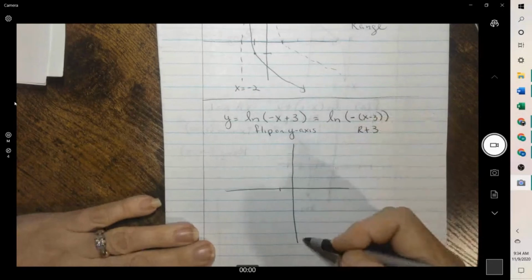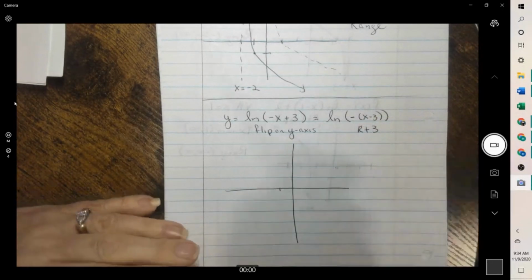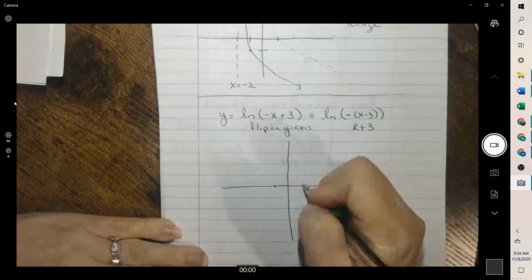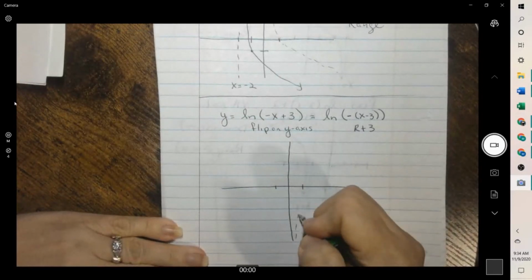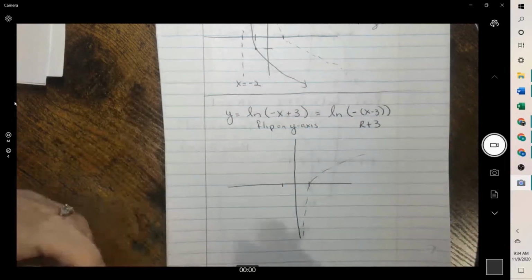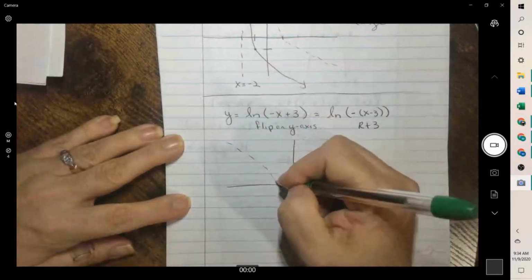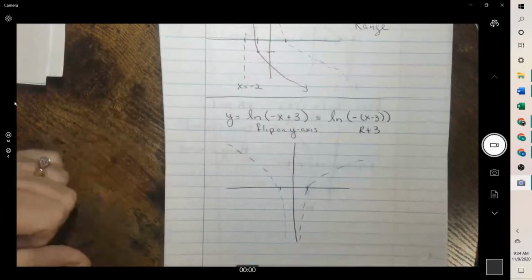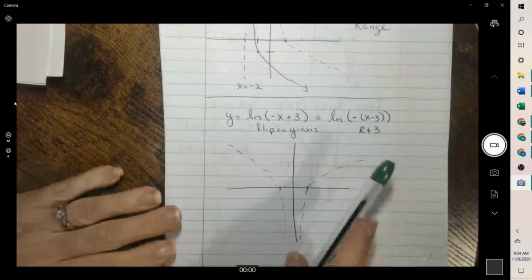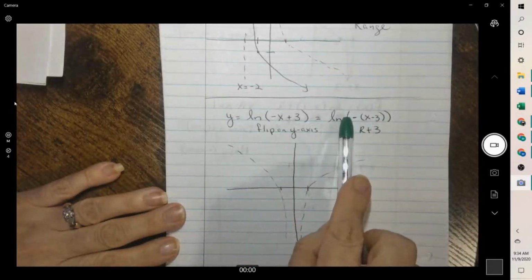This whole graph is shifting. So this graph here is flipping because of the negative.